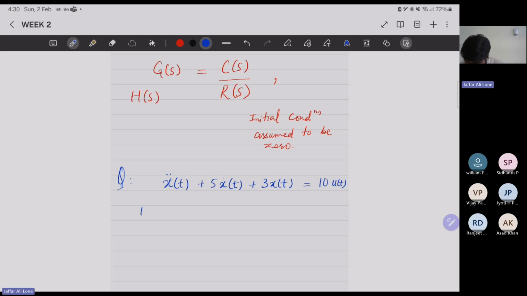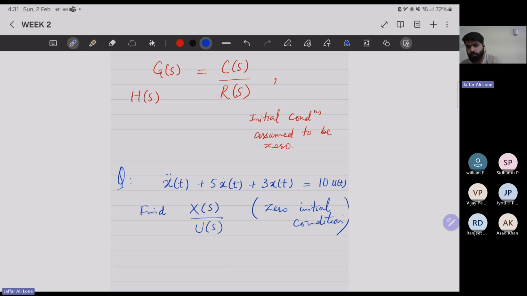Then find the transfer function X(s) over U(s). Again, when it's a transfer function, initial conditions are 0.